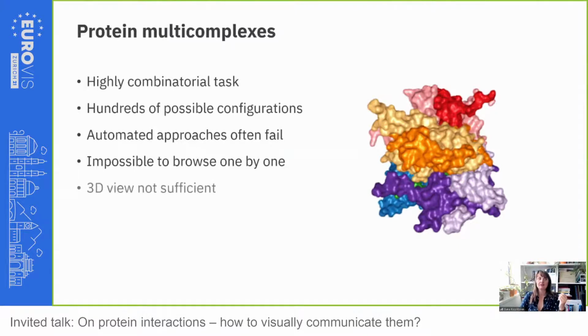A simple 3D view, again, is not sufficient. As maybe you can guess from this image, the contact zones are in fact hidden inside the protein complex, and it's impossible to observe this without any further visual aid.